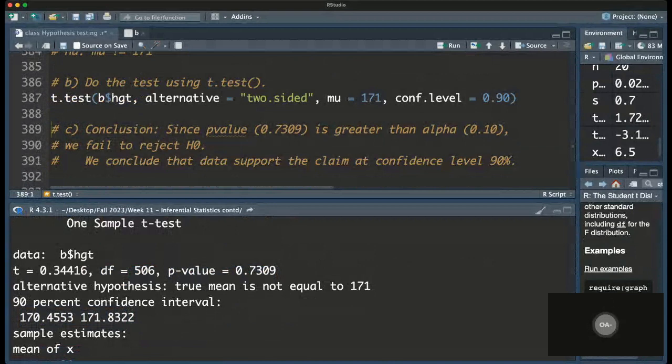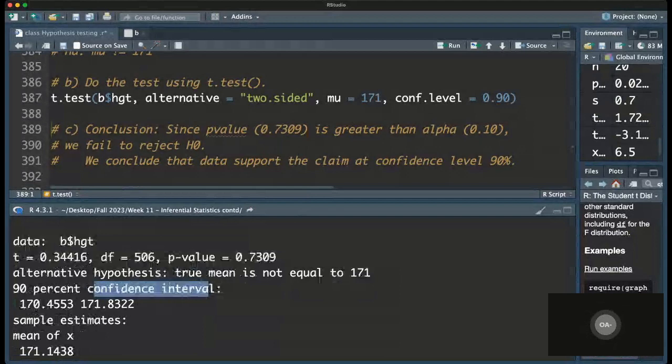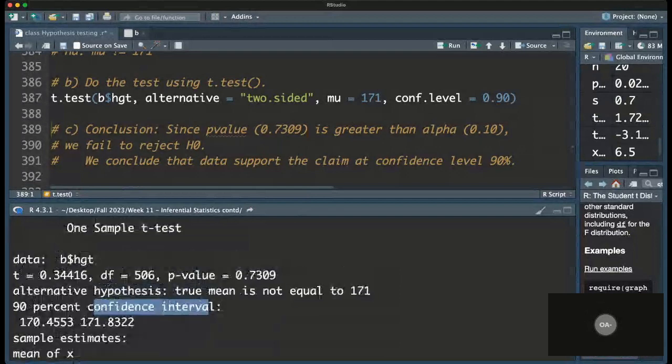So your conclusion can be off of the p-value, or it can be off of the confidence interval, or it can be off of both. But the t-test function gives us enough in the report to be able to make our conclusion.